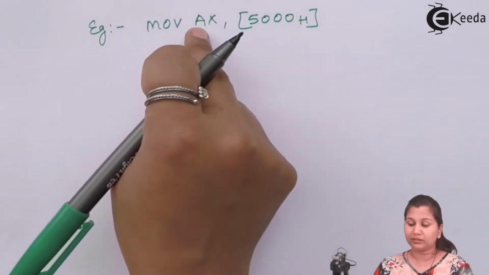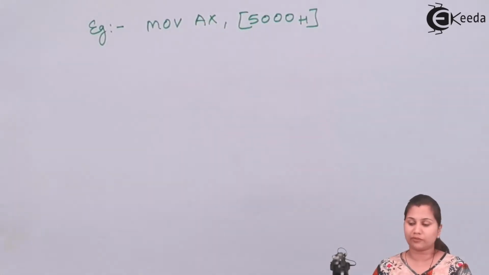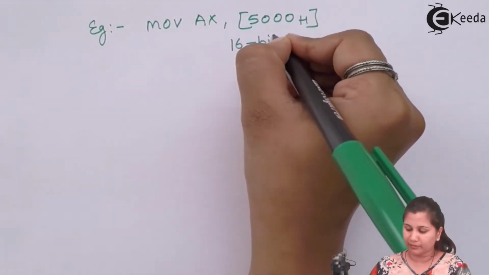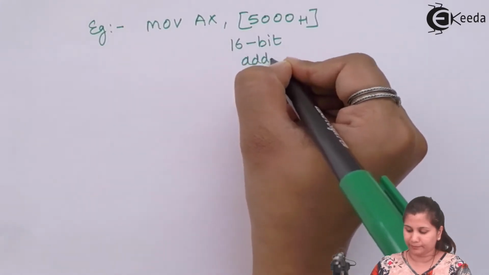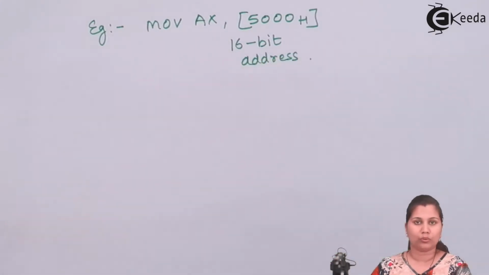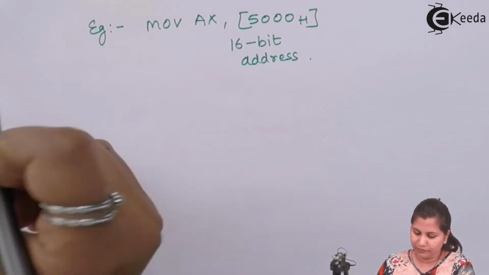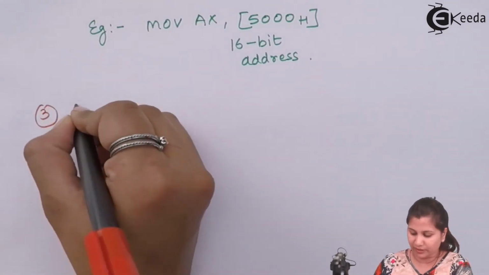So here the data which is to be transferred will be 16-bit. That is also a type of direct addressing mode. The next type of addressing mode we have is the register addressing mode.